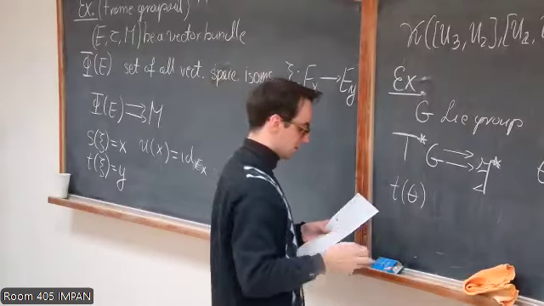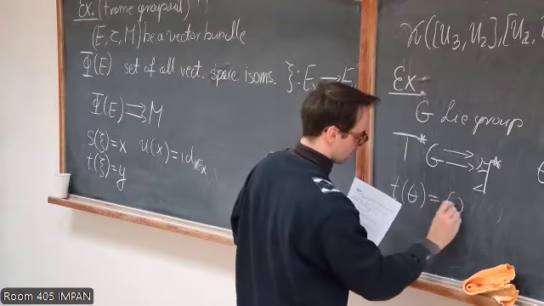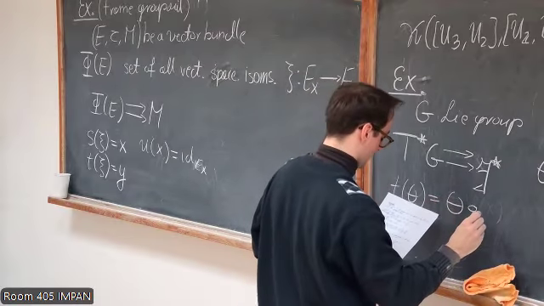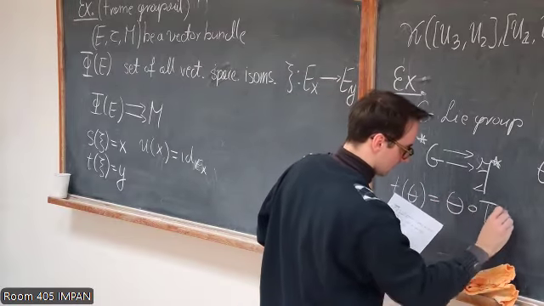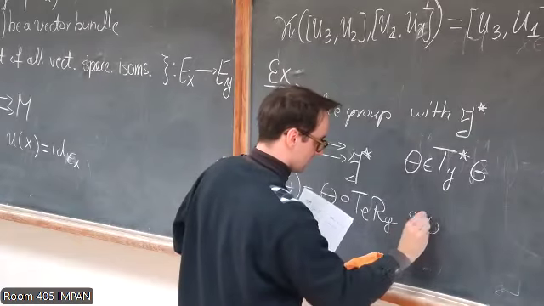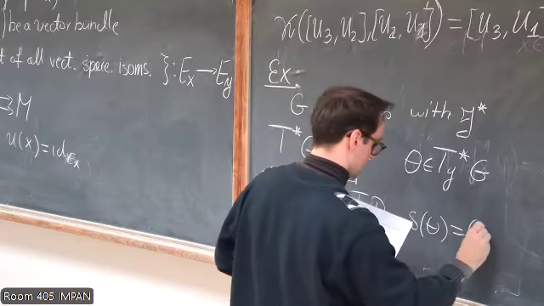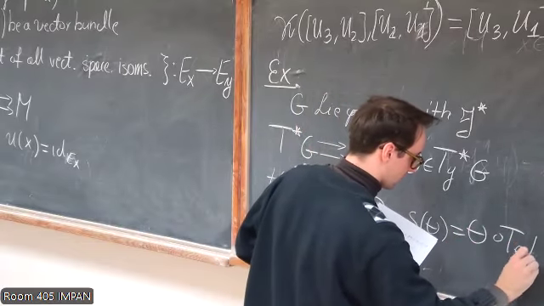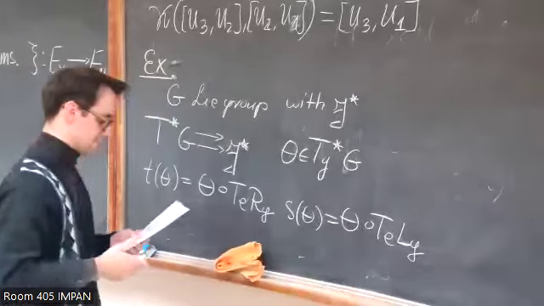So for such an element, the target of theta is theta composed with RG, and the source of theta is theta composed with LG.